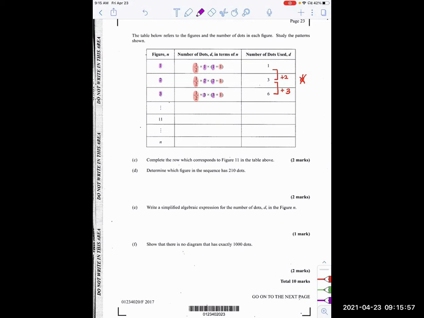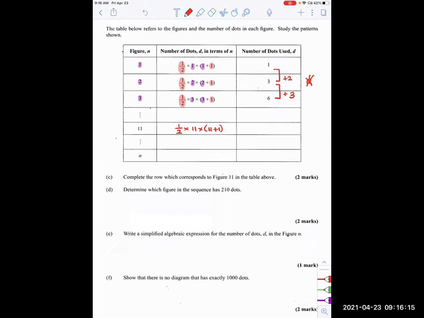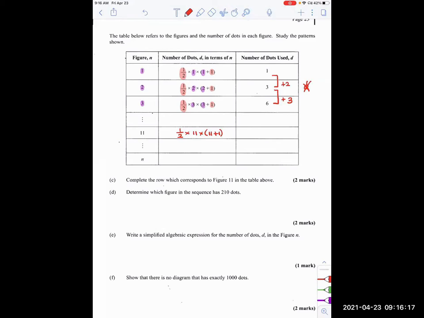You all see that? Yeah, miss. So for 11, I will have a half multiplied by 11 multiplied by 11 plus 1. Did you all get that? Yeah, miss.